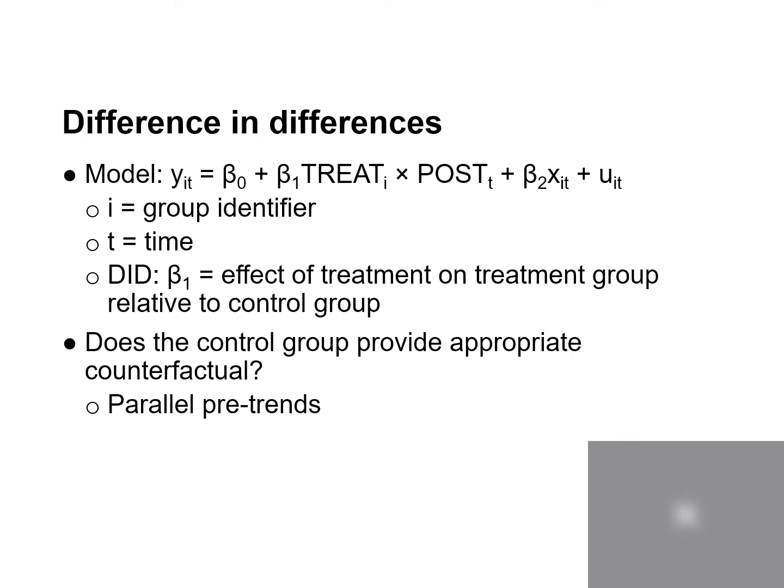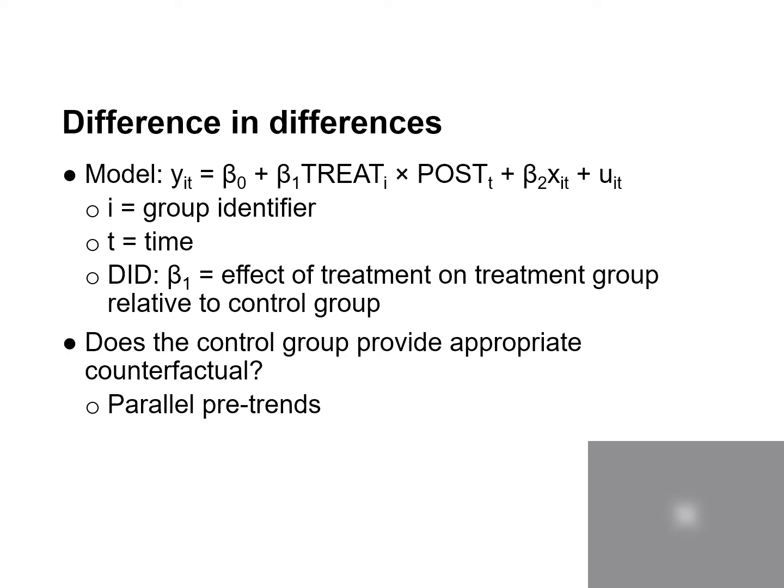Formally, the difference in differences can be modeled by an equation: y subscript it equals beta subscript 0 plus beta subscript 1 times an indicator of treatment times an indicator of the post period plus beta subscript 2 times x subscript it plus u subscript it.